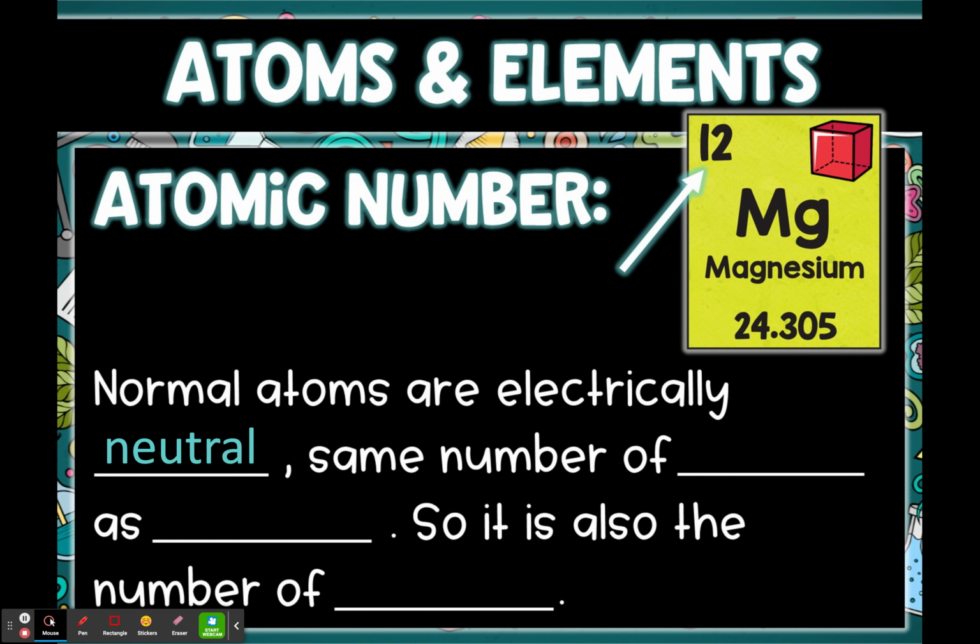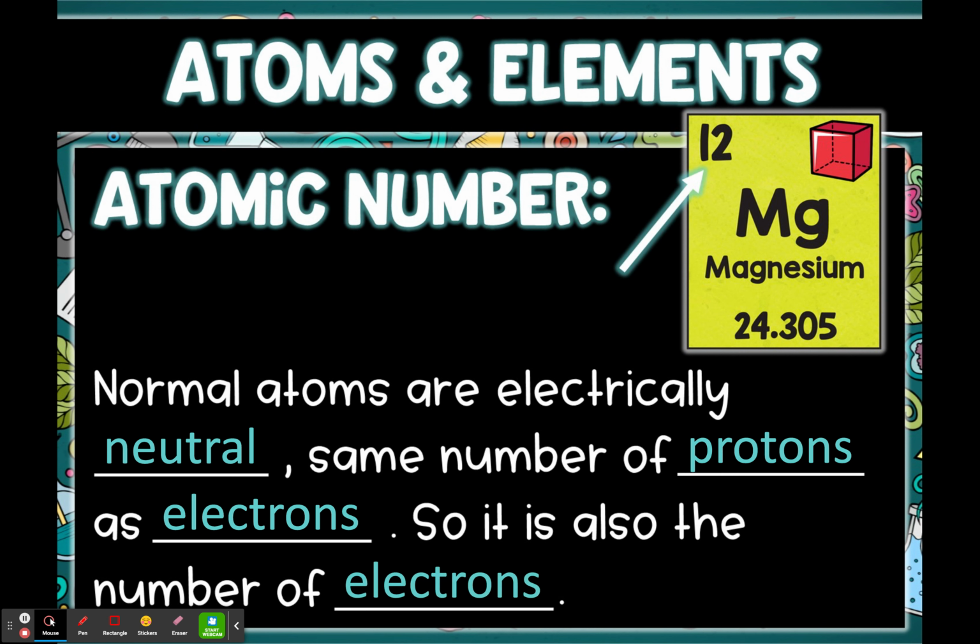Normal atoms are electrically neutral, meaning the same number of protons as electrons, so it is also the number of electrons. So for magnesium, it has 12 protons.